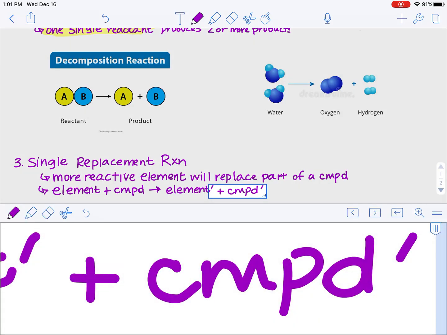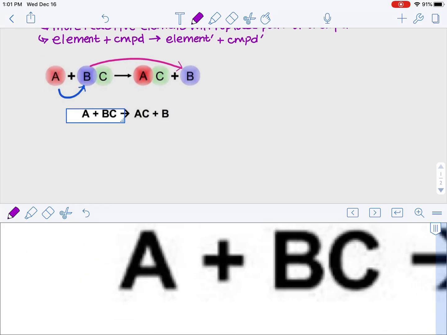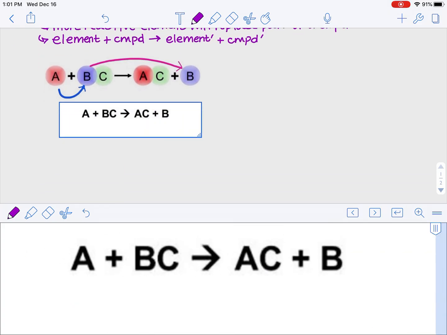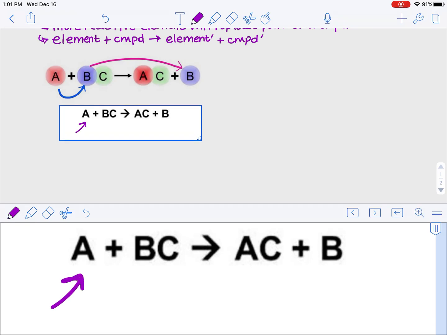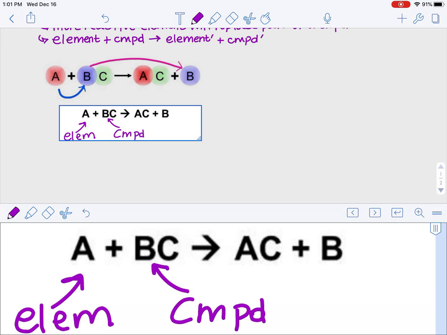Let's look at that in its most generic form. The reaction would look like this: A plus BC. A is just a single atom, so that's an element. BC has two different ones, so there's my compound. And the description tells us that if element A is more reactive, it's going to replace part of the compound.